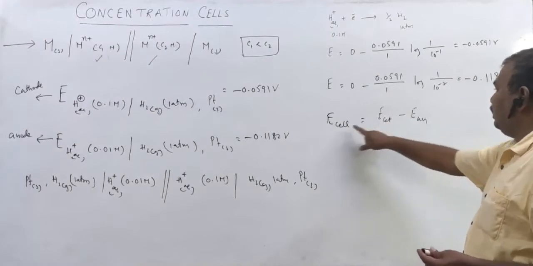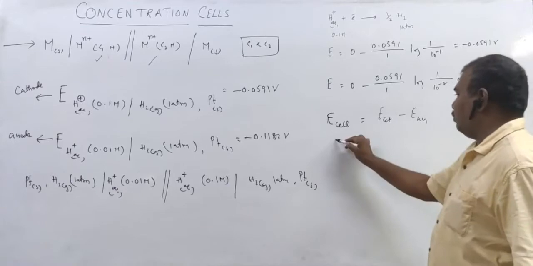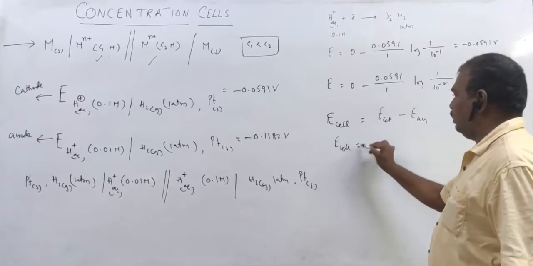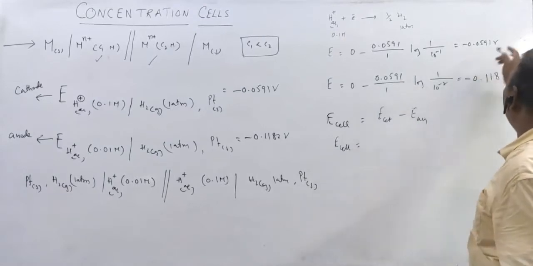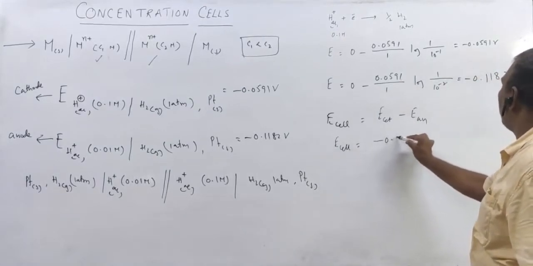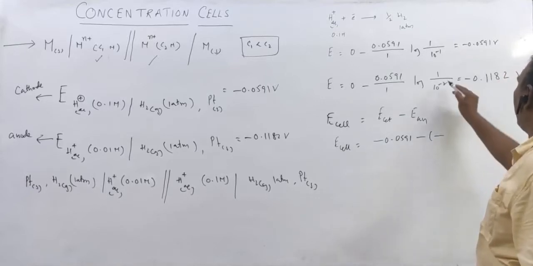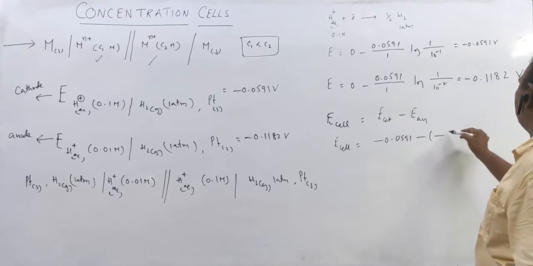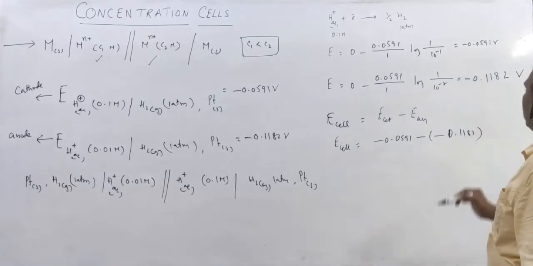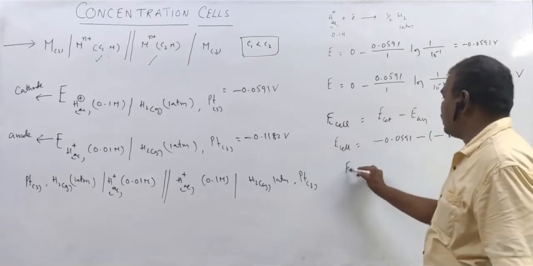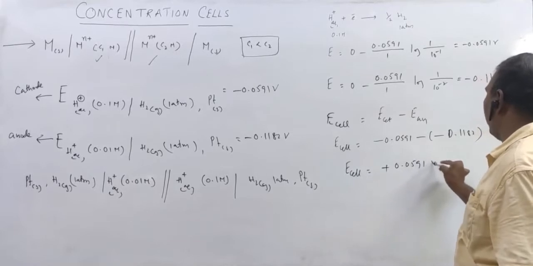So that is why E cell, EMF of the cell, is E cathode minus E anode. Now E cell is equal to E cathode, minus 0.0591, minus of E anode, this is anode, so minus 0.1182 volts. So E cell is equal to plus 0.059 volts.